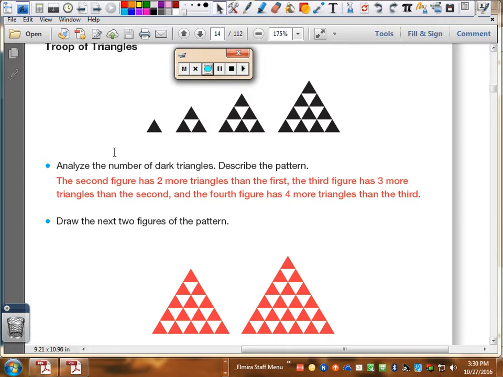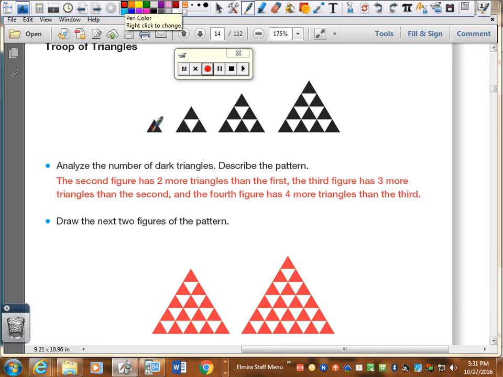Here's our troop of triangles. Now, when I did this in class, I kind of helped kids out by color coding the triangles because it helped them use words to describe what was happening in the sequence.